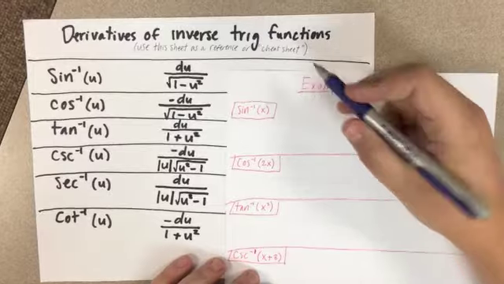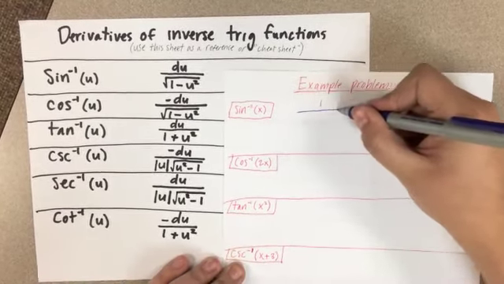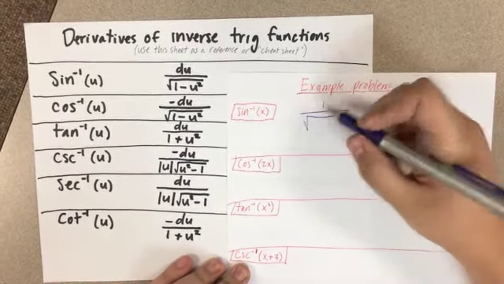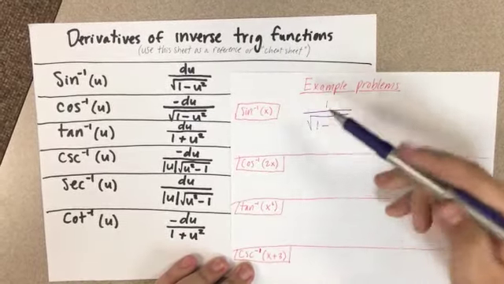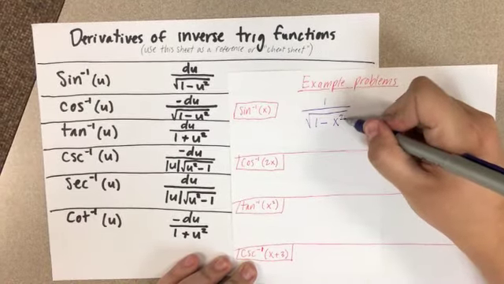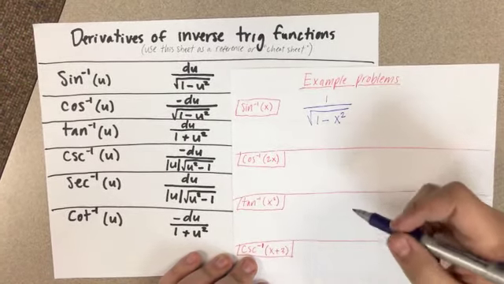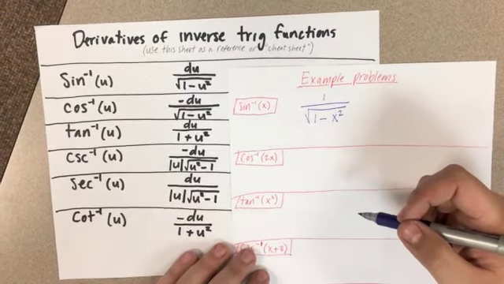So you know that the derivative of x is just 1, so 1 on top, and on the bottom is the square root of 1 minus u squared, and that would in this case be 1 minus x squared, and you're done with that.